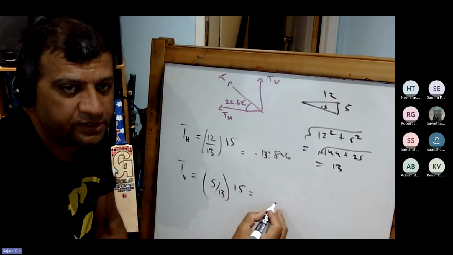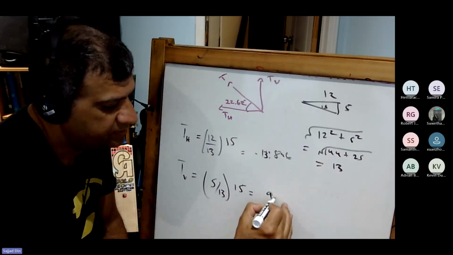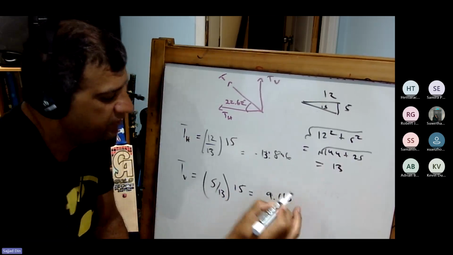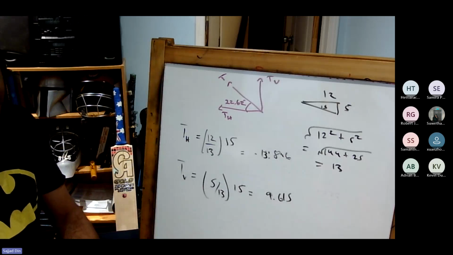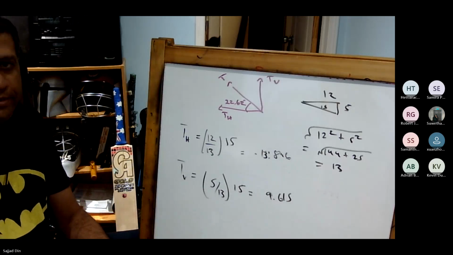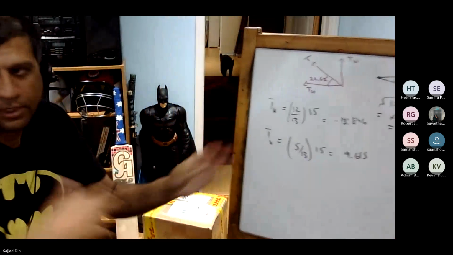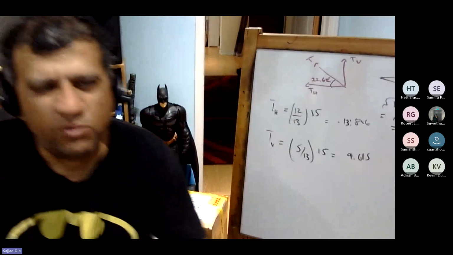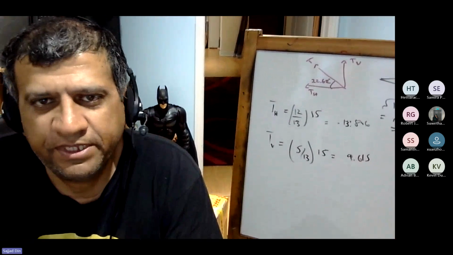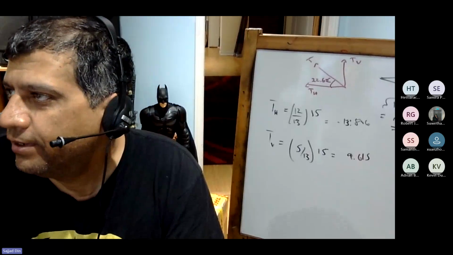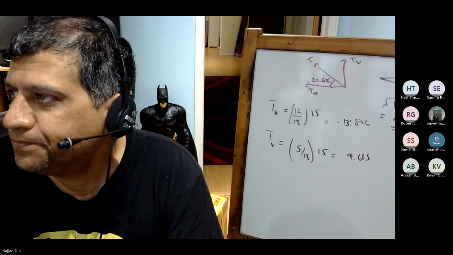This becomes 9.615. So use this in your calculations. If you don't, and we try to go down the other route, it seems to become a little bit of a mess.